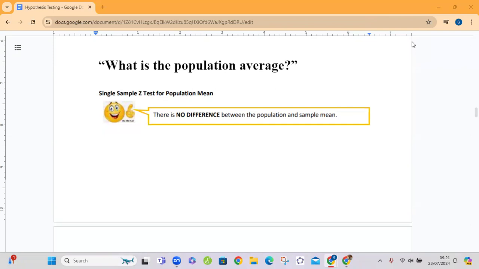Now, this will be a single sample z-test or t-test for population mean. The null will respond by saying there is no difference between the population mean and the sample mean. And please be reminded, for the z-test and the t-test, the null hypothesis will always carry the equal sign. Never forget that.